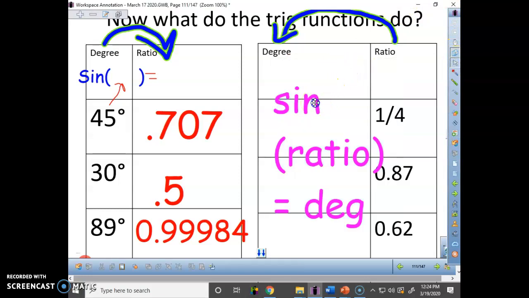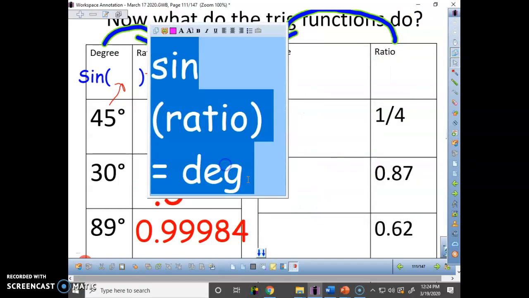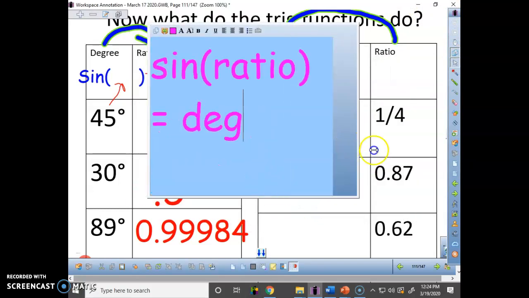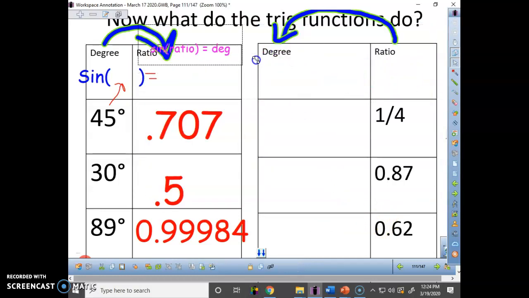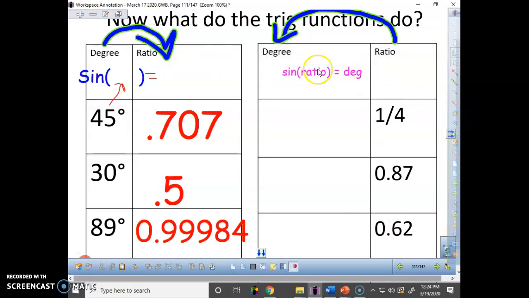Give me a second to clean this up because that's way too big. Shrink it down a little bit. Sine of the ratio is equal to the degree. So we're going to be taking our ratio number and putting it in there, except we can't use the same machine. They're not the same thing.